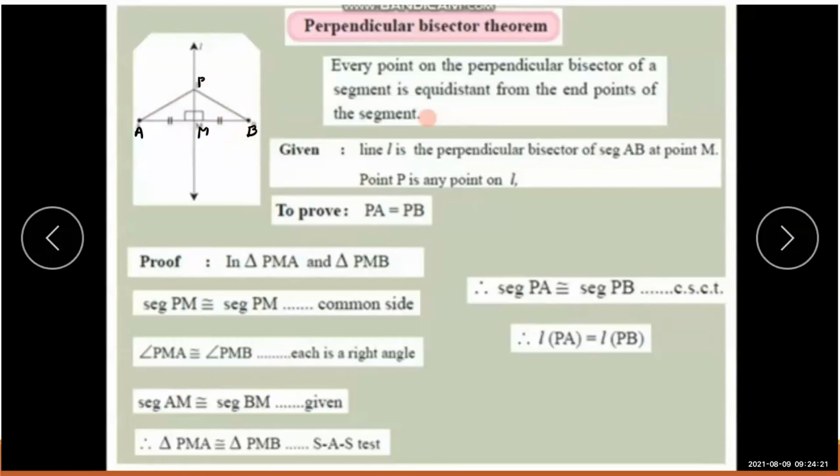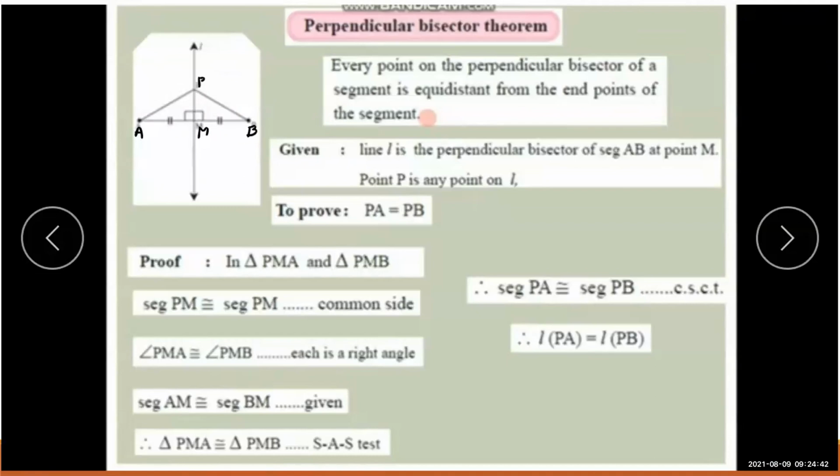If you can show these two triangles congruent, then their corresponding sides are also congruent. So try to prove those two triangles congruent.